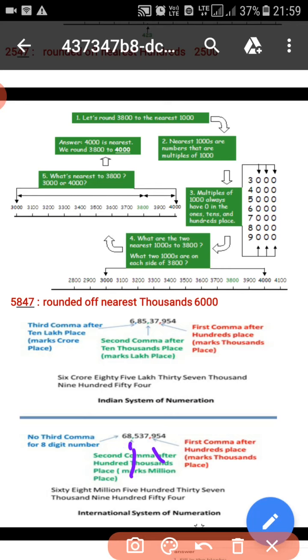So what is the difference between the Indian system and the international system? In the Indian system, the first comma is after 3 digits, and then the next commas come after every 2 digits. And in the international system, every comma is after every 3 digits.